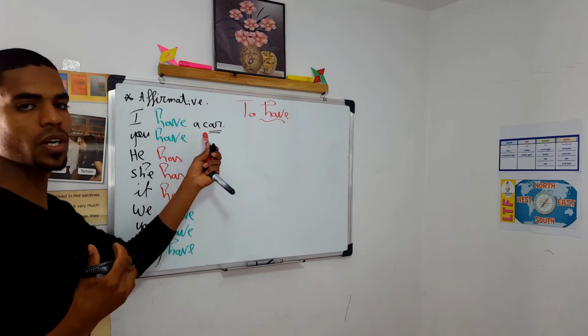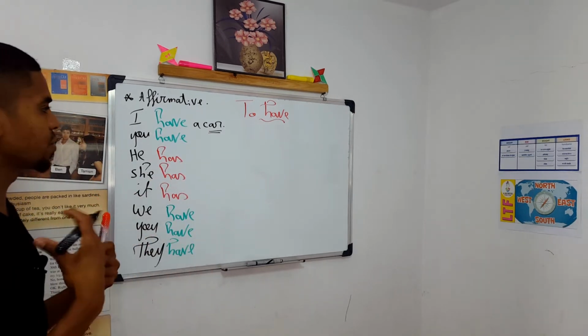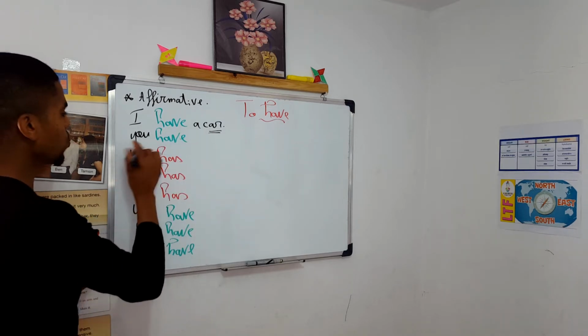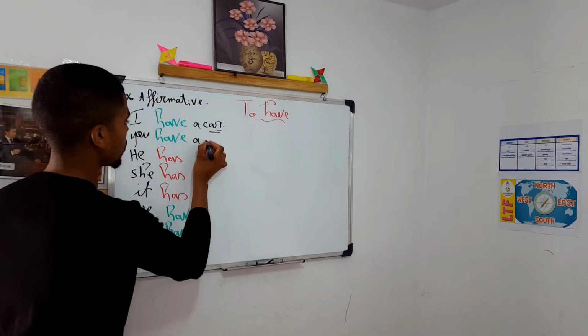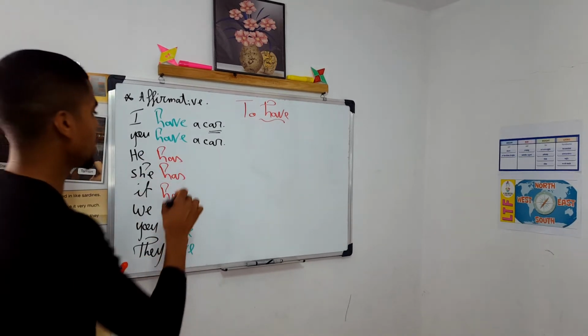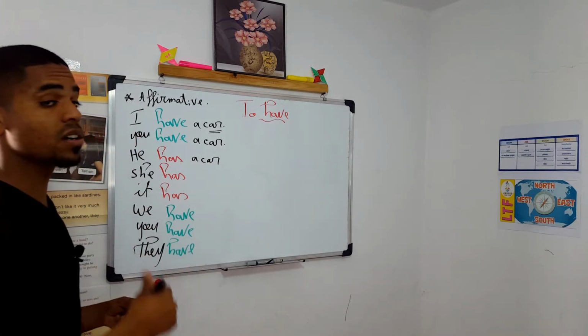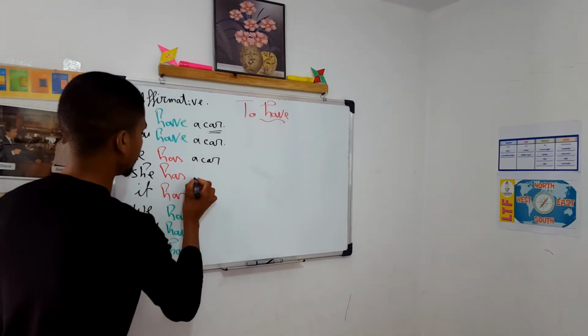This is the use of having in this sentence. I have a car, which means I possess it. It's my car. You have a car, it's your car. He has a car, it is his car. She has a car, it is her car.